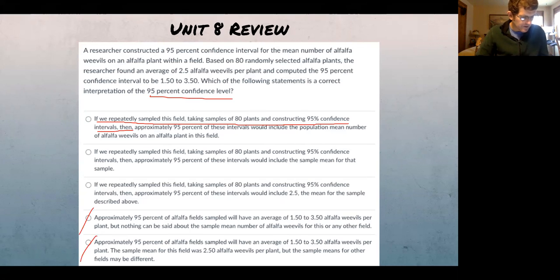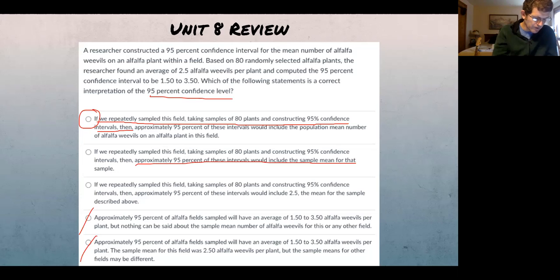Approximately 95% of these intervals would include the population mean number of alfalfa weevils on an alfalfa plant in this field. That one actually looks good. So let's see what's wrong with the other two. The dependent clause is the same for all of these. So let's see what's going on here. Approximately 95% of these intervals would include the sample mean. No, all of them would include the sample mean.